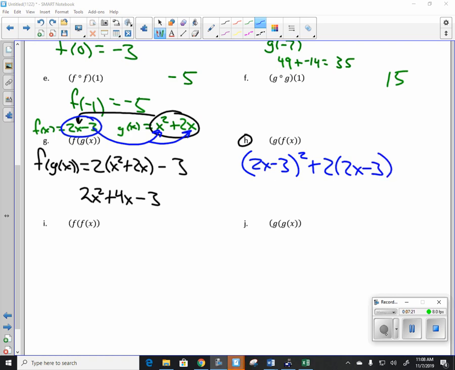So we plug 2x minus 3, you plug it into both spots for x. You get 4x squared minus 12x plus 9 plus 4x minus 6, or 4x squared minus 8x plus 3.